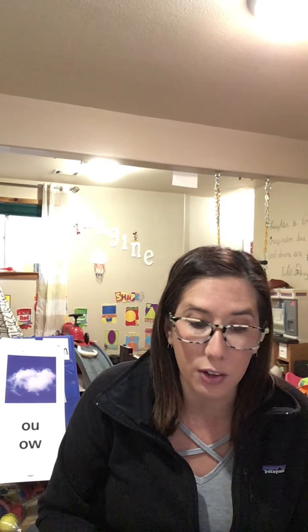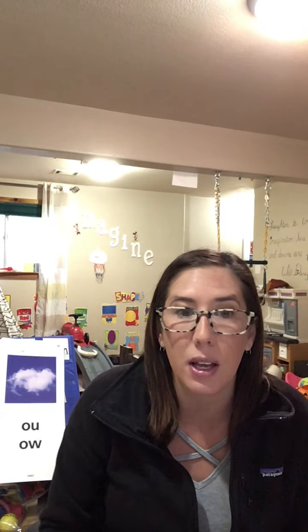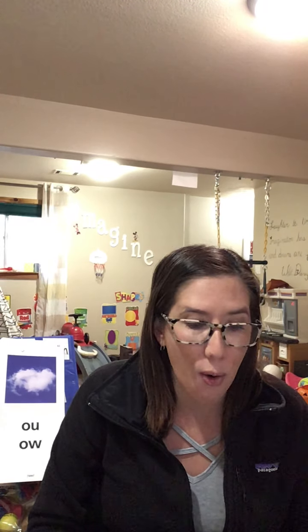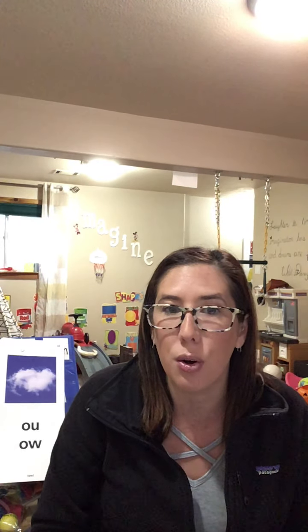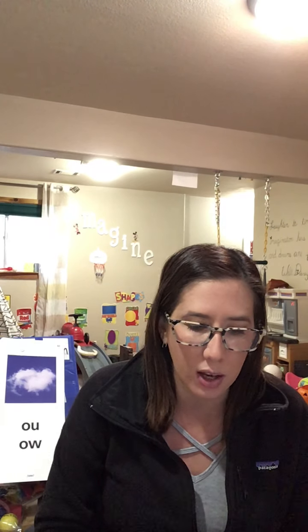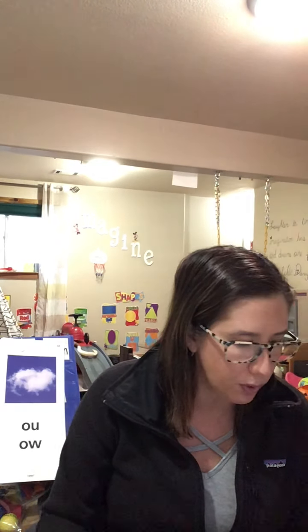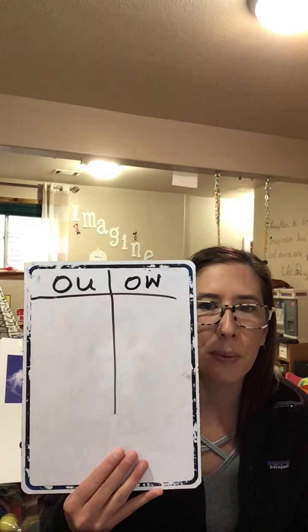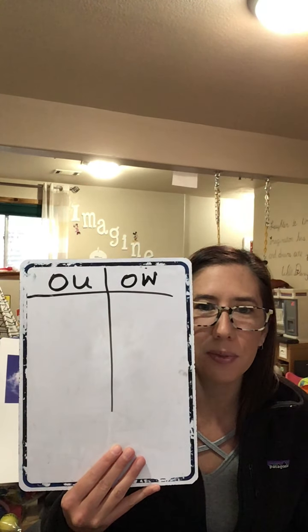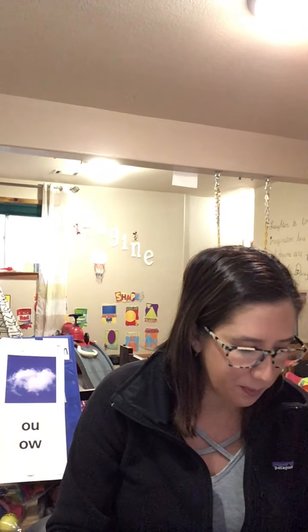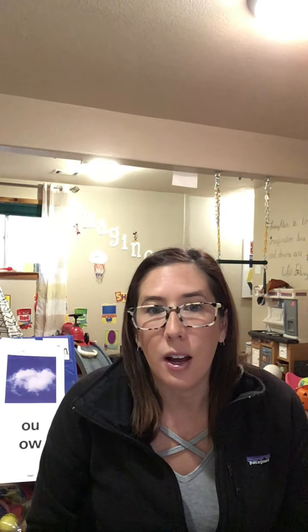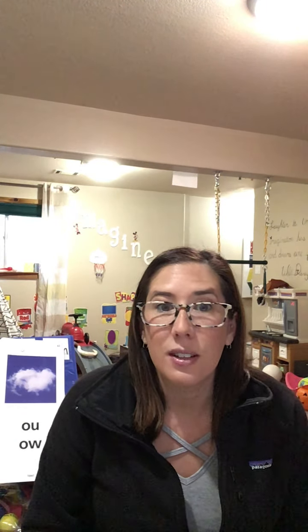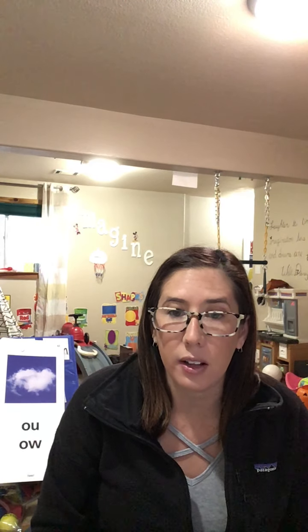I would like you to get out your whiteboard or your piece of paper and make a T-chart. OU on one side, OW on the other side. Now these two spellings sound exactly the same.